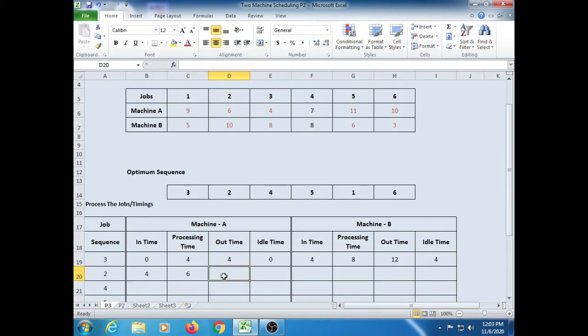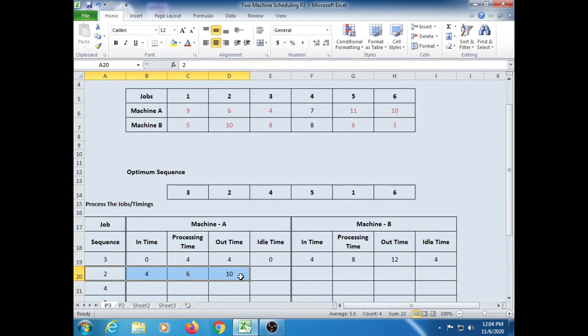For finding the out time of the job, we take the in time plus the processing time, and then we get the out time. At the 10th hour we can complete the second job on machine A. First we processed the third job, then after that we processed the second job.